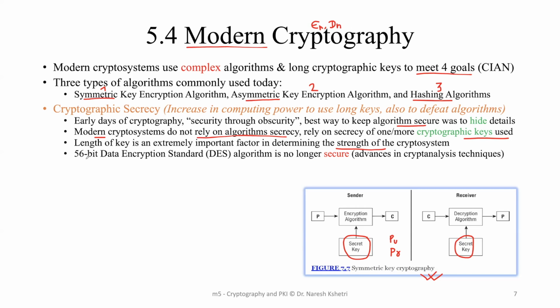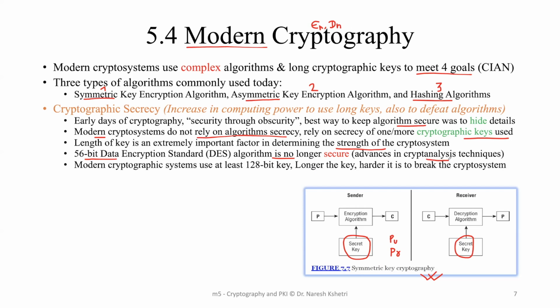Several decades ago, when the DES algorithm was created, 56 bits was considered sufficient to maintain the security of data, but that is no longer the case because of several advances in cryptanalysis and several new algorithms. So a modern cryptographic system needs at least a 128-bit key. The longer the key, the harder it is to break the crypto system, along with the use of modern complex algorithms.